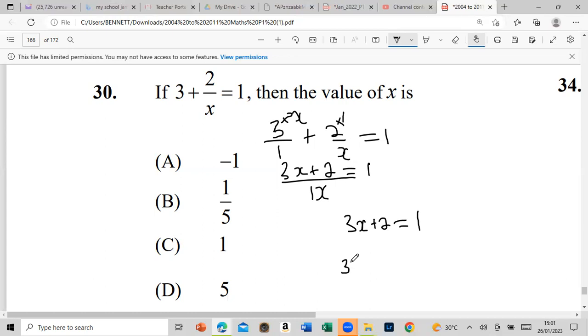For the LCM, 1 into that x, so that's 3x plus 2.